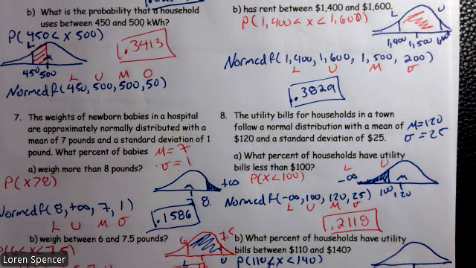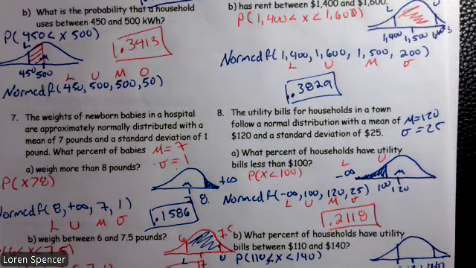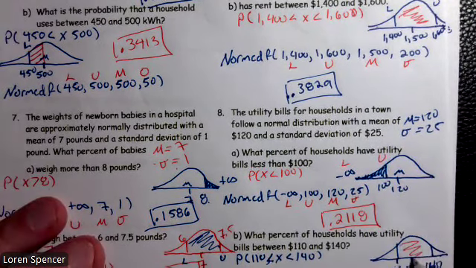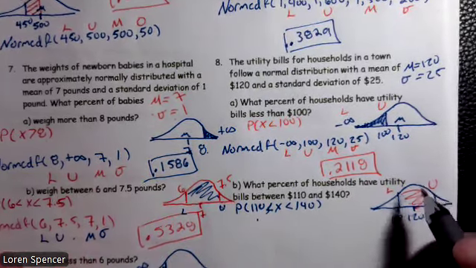Now 110 is definitely below 120, so it's somewhere down here. And 140 is definitely above, so it's somewhere up here. And we're looking for this area right here, with this being my lower and this is my upper. And the 120 represents our mean.